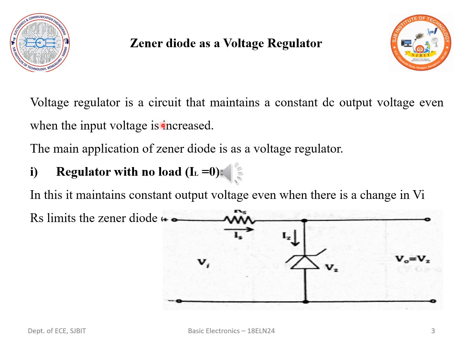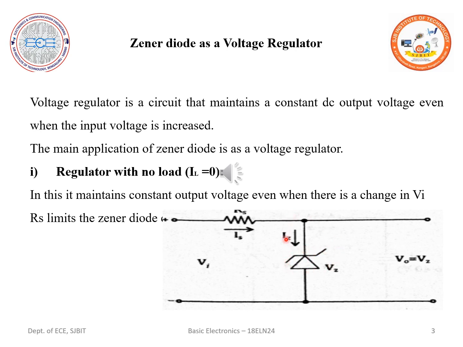Now, let us first see how the logic symbol of the Zener diode looks. The Zener diode has the anode plate as it is, but the cathode plate has extensions on both sides.